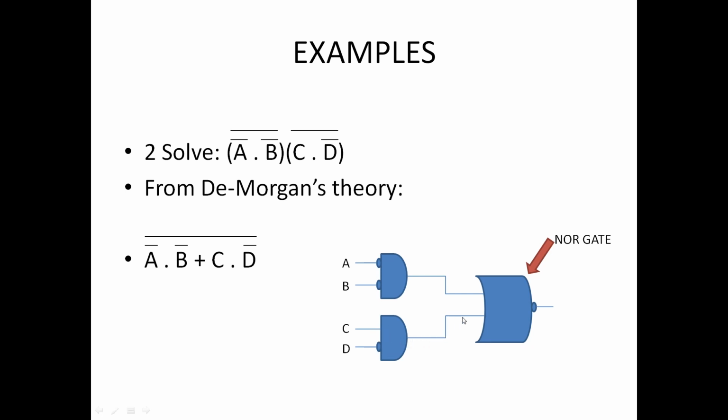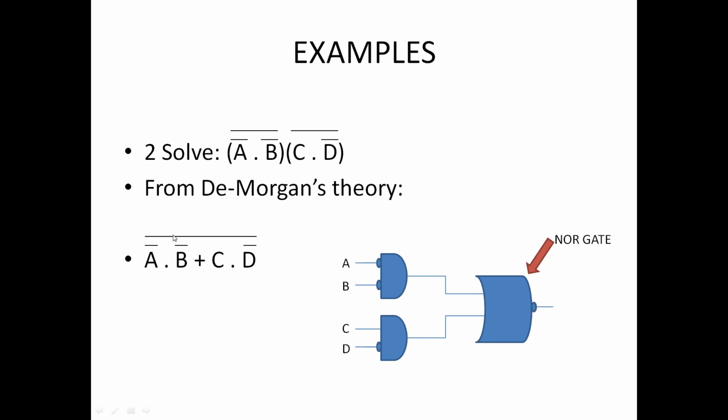The output comes into an OR gate because what joins A and B and C and D together is the OR gate. That's what joins this place and this place together. So the OR gate joins them together. And what do we have here? We have a negation at the end to negate the result of everything.